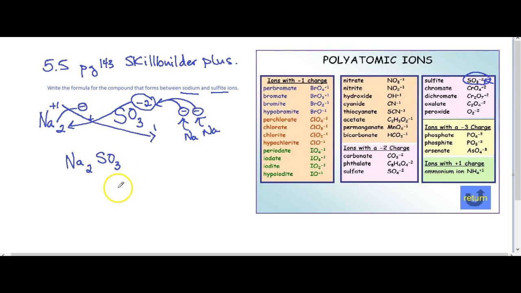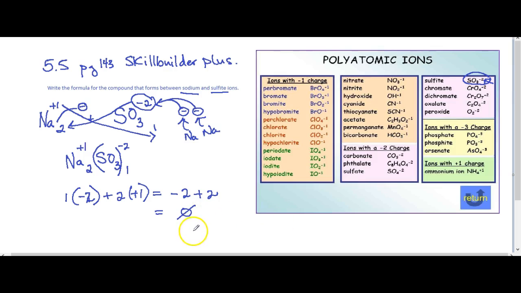If you wanted to check it, you would go 1 times -2, because we just have one sulfite with a charge of -2, plus 2 times the charge of +1. That gives us -2 plus 2, and you can see that our charges cancel out.